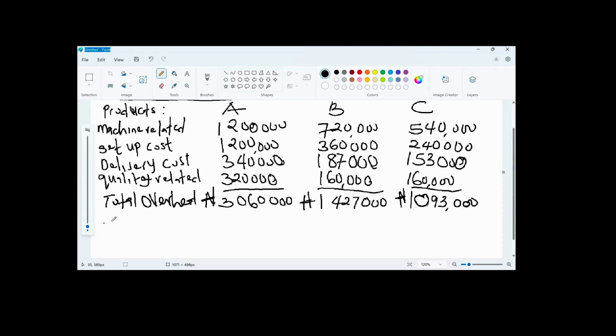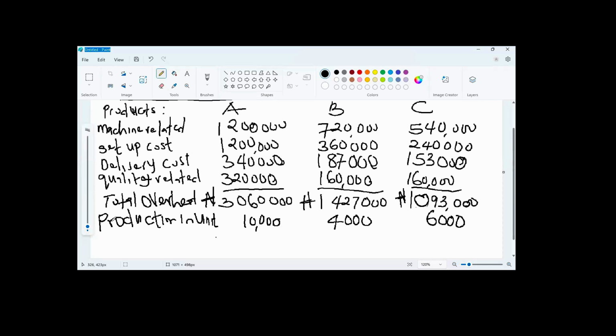You now introduce production in units. If you look at the question, this is 10,000 units. Is that not? Yes. This is 4,000 units. And this is 6,000 units.